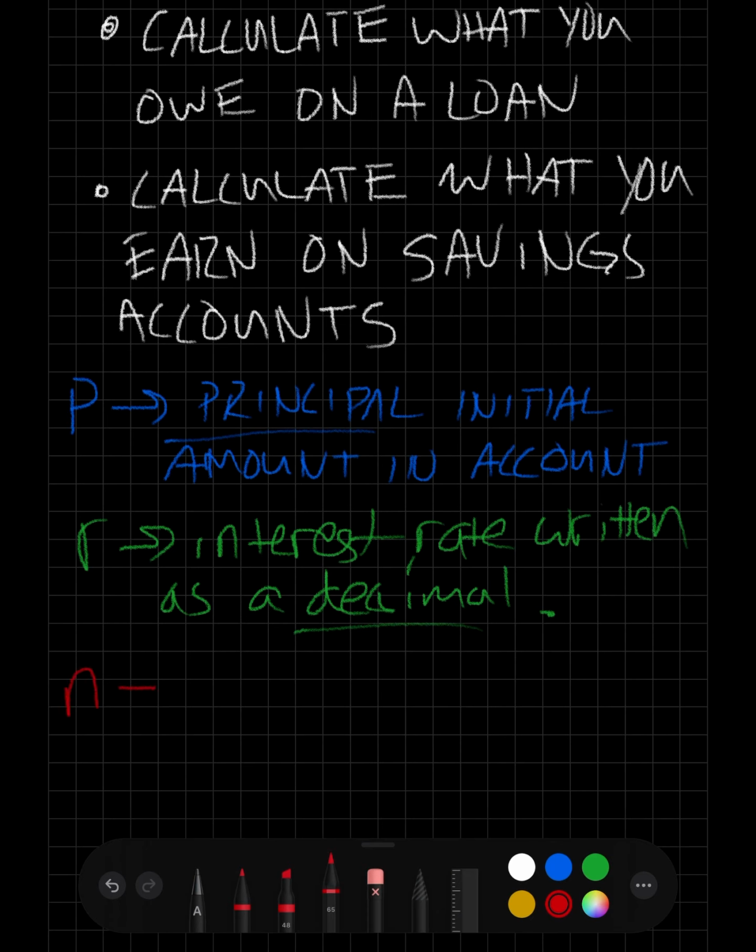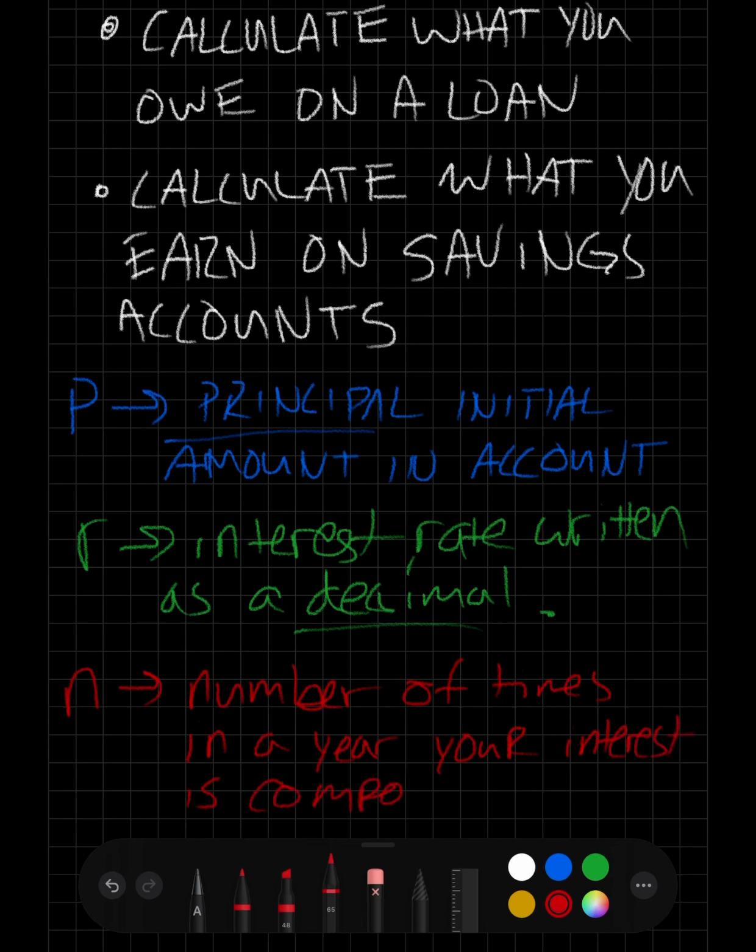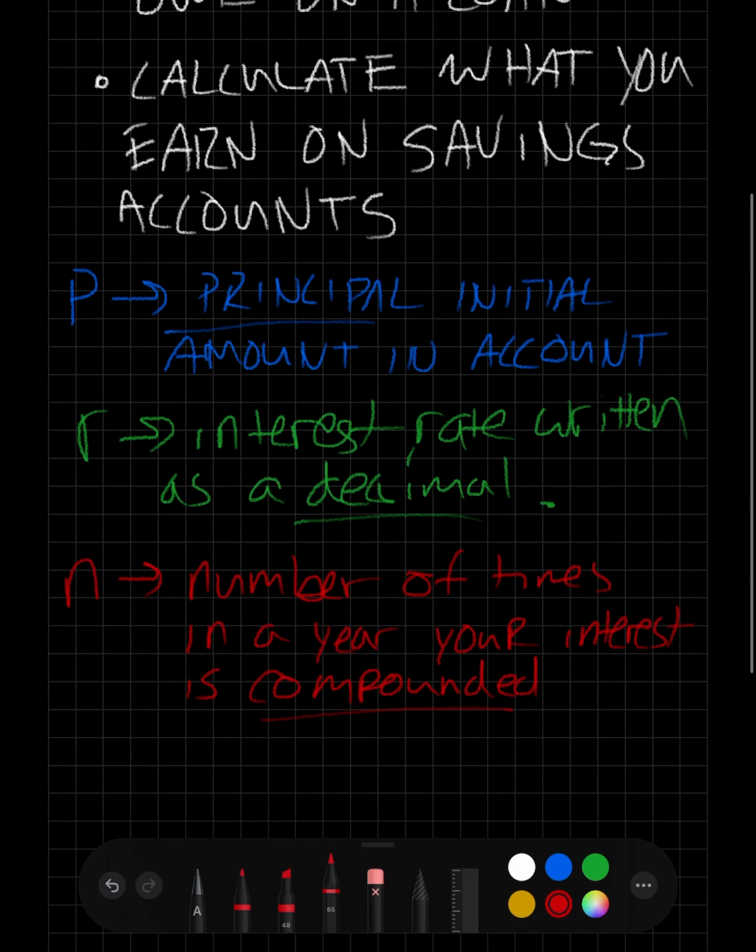I'm going to talk about that a little more, since you may or may not be familiar with it. What does compounded mean?